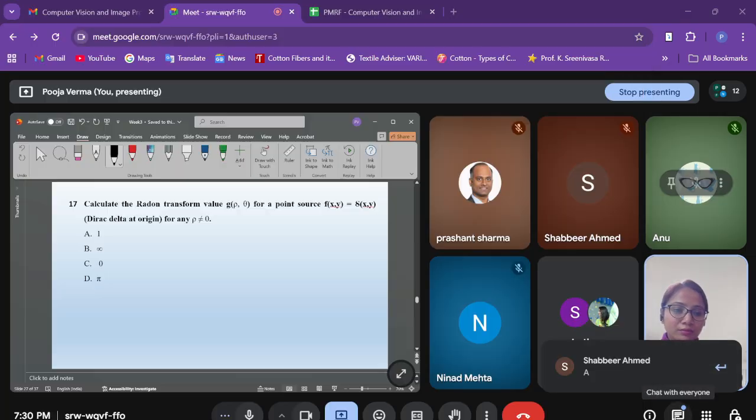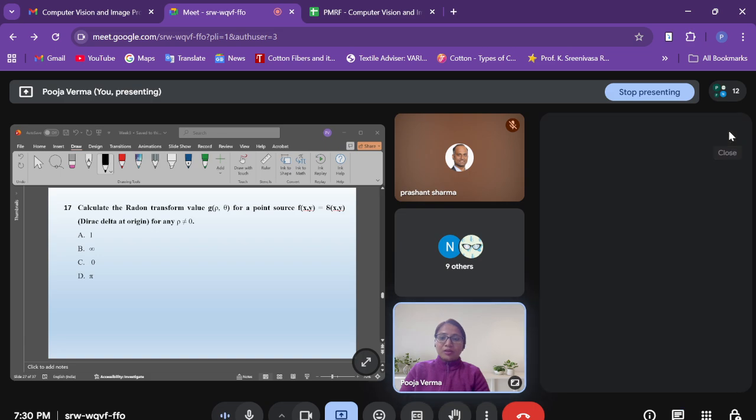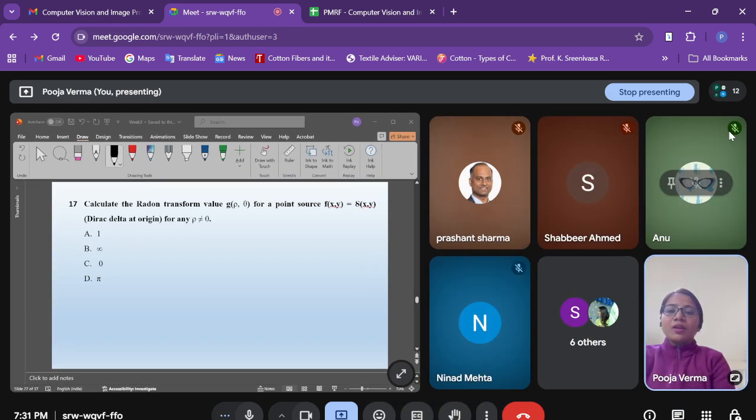Anyone? Okay, option A. So how can we calculate the Radon transform value for the point source where f(x,y) is given as delta of (x,y) for any rho not equal to 0?